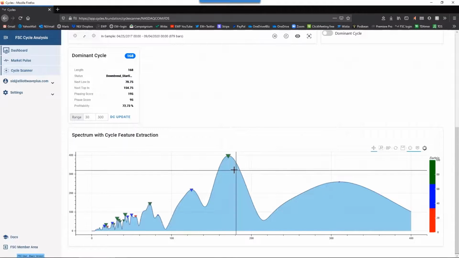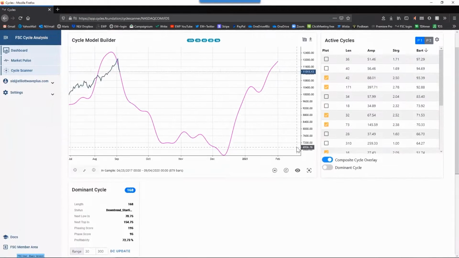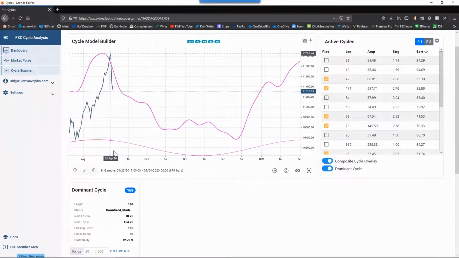The very strongest one in the market right now is a 171-day cycle. If we look just at that dominant cycle, which is shown down below, it was expecting a peak in mid-August, and then a move down into mid-November.